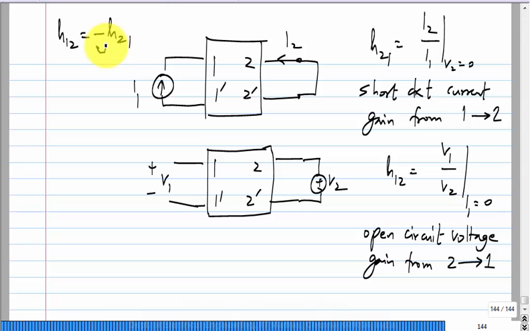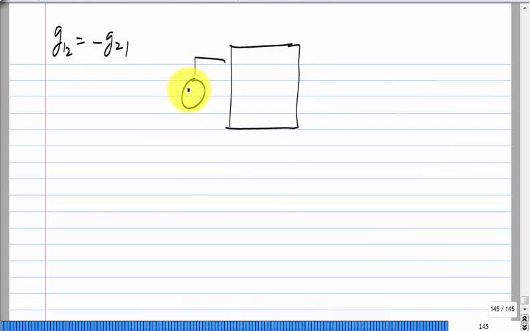Similarly, if you change the designation of port 1 and 2, you will get the corresponding thing for G parameters, right. G12 is minus G21. G21 is measured as a voltage gain. You apply V1, open circuit port 2 and measure V2.